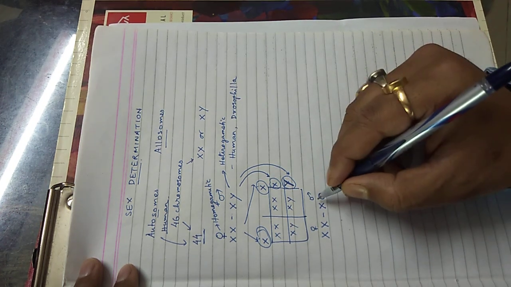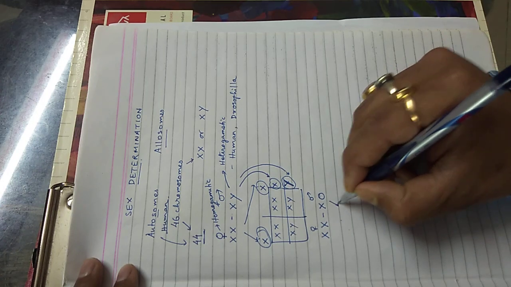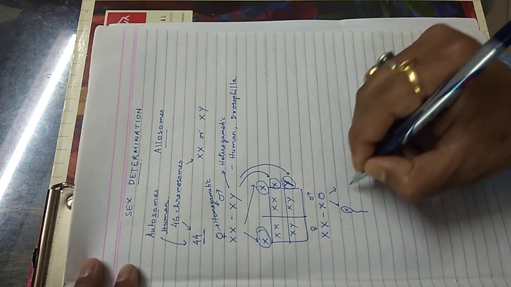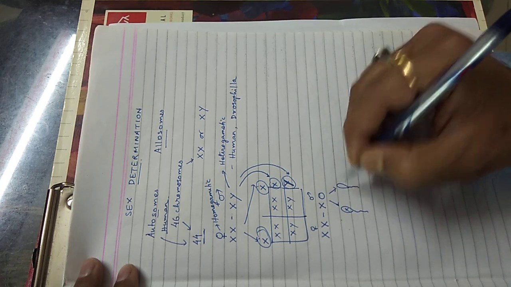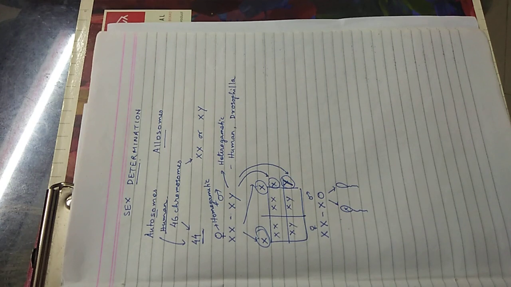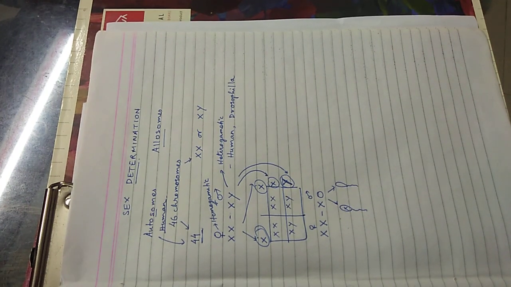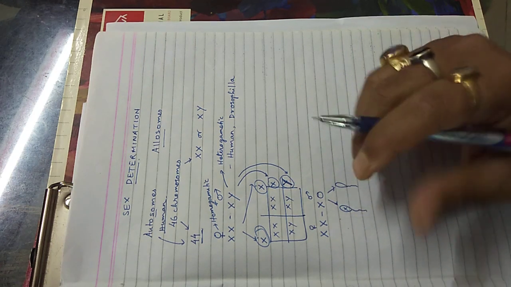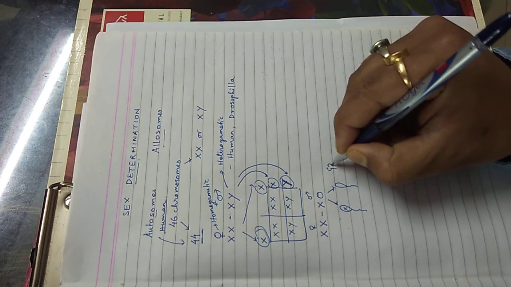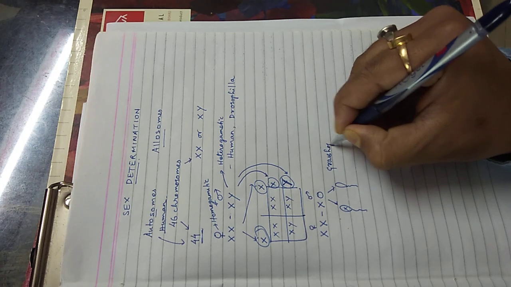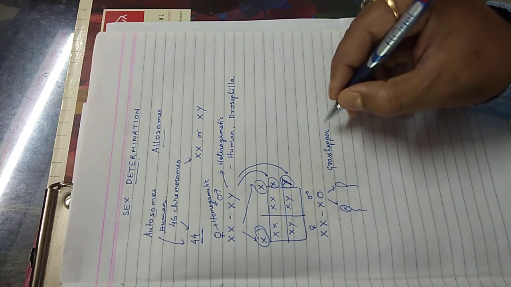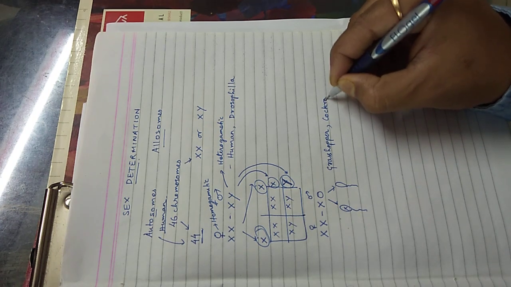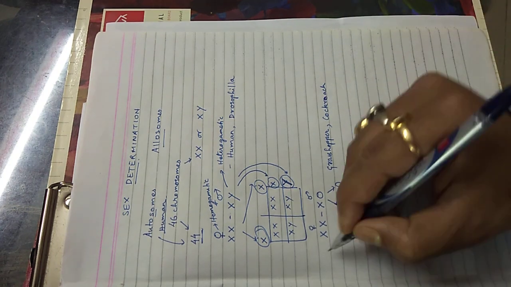So when the male produces sperm, one sperm will have the X allosome and the other sperm will be blank, with no allosome. This kind of combination we find in case of grasshopper and cockroach. So these are some examples of XX-XO type.